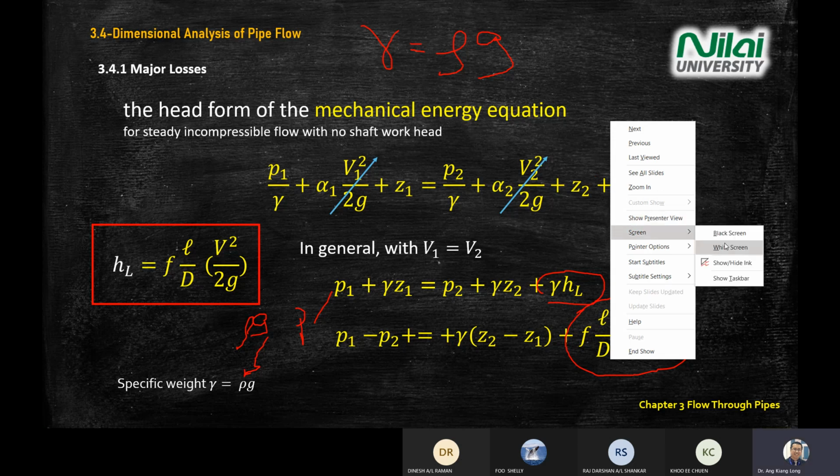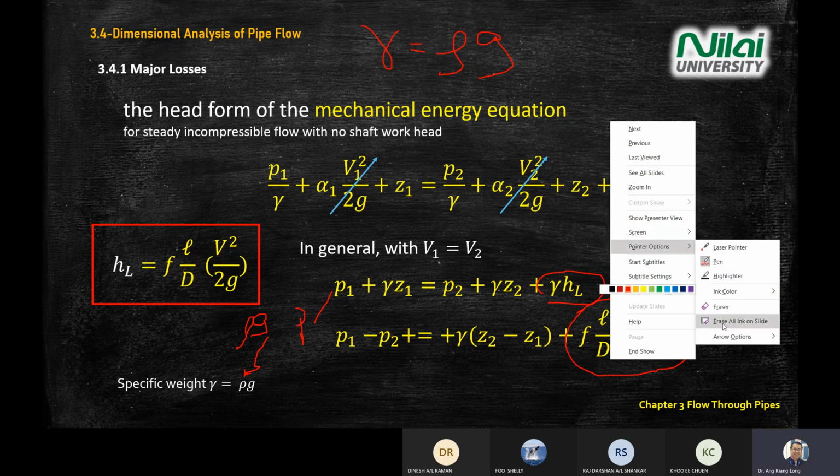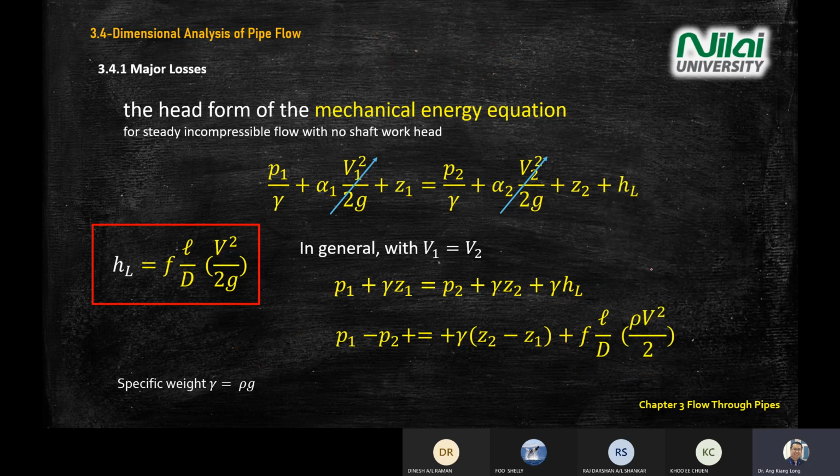This is a mathematics question. It has nothing to do with fluid mechanics itself. If you're not able to answer this one, I'm going to ask your advanced mathematics lecturer to drag you back to the advanced mathematics or calculus, Mathematics 2 class to retake the class.